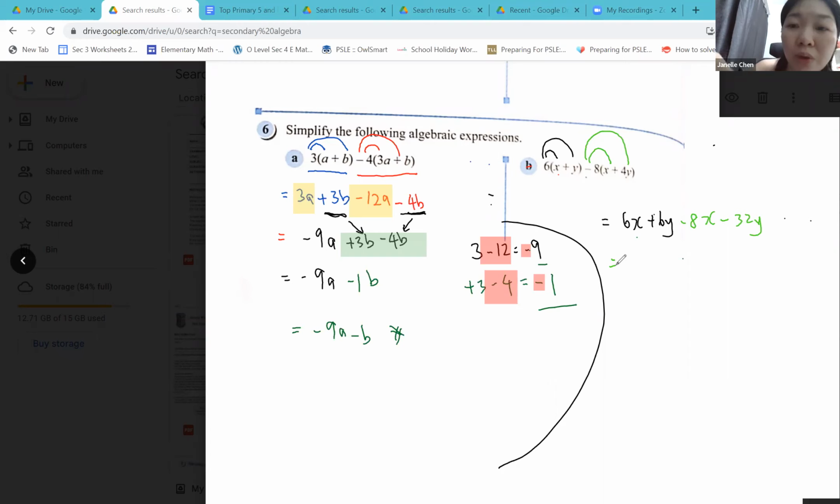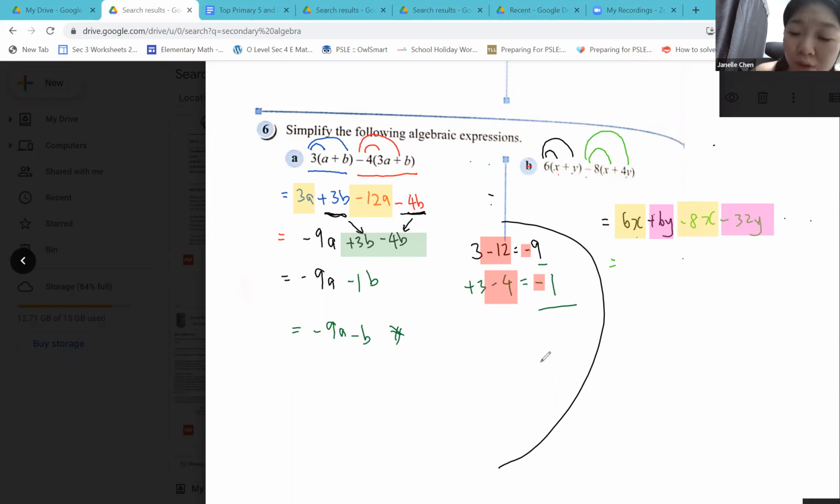After this, similarly, I need to group and find the algebra and the algebra, the same ones, because here both of them are algebra. So x with x, y with y. The sign in front of each belongs to them. So here I have 6x minus 8x.